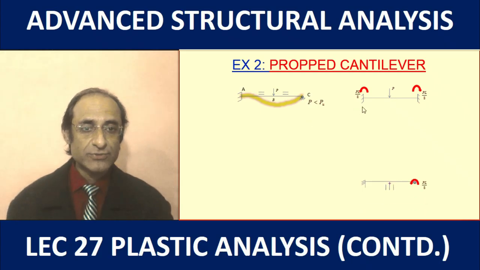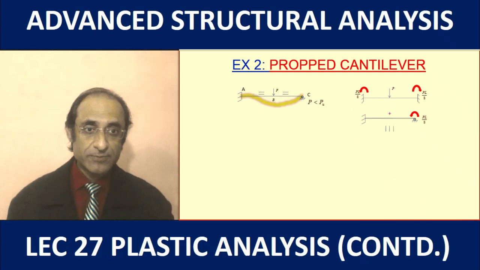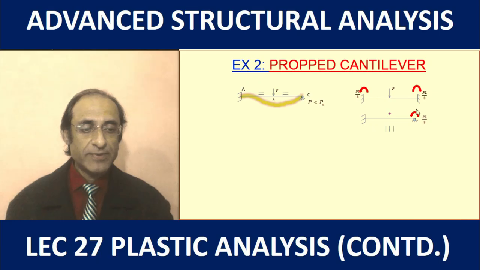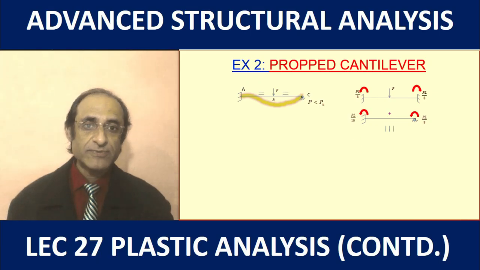All we have to do is consider a propped cantilever system, and here we apply an equal and opposite moment at the roller end. So there will be a carryover moment, and now if we superimpose these two systems, we get the results for our case.